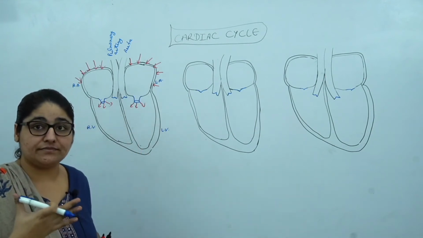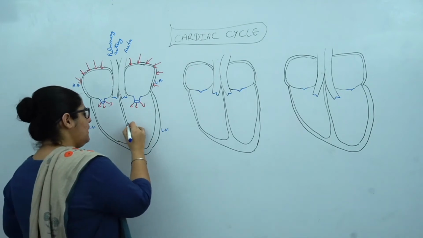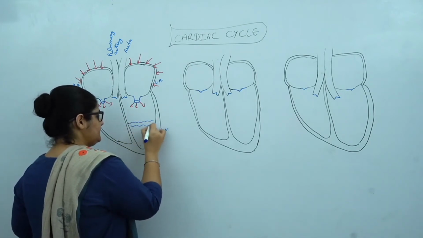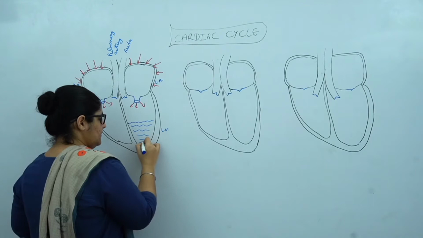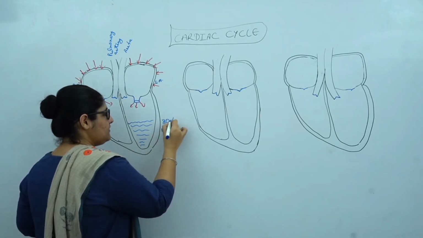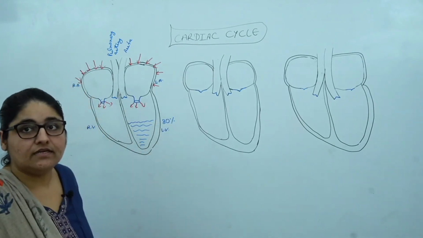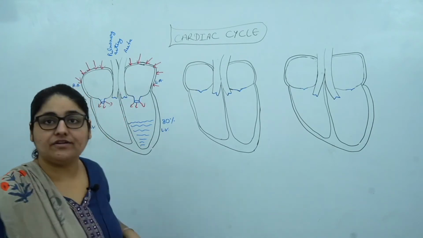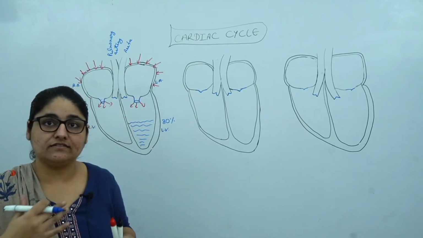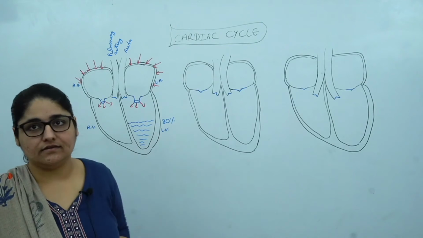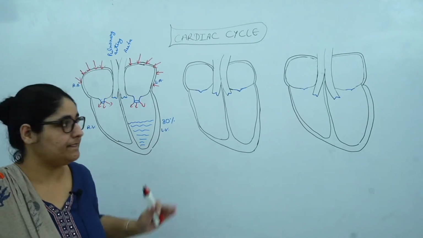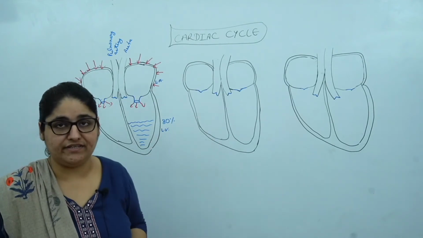One thing we must remember is that ventricles are already filled about 80%. Even before atrial contraction, ventricles are already filled up to 80%, which we will discuss in the upcoming events.